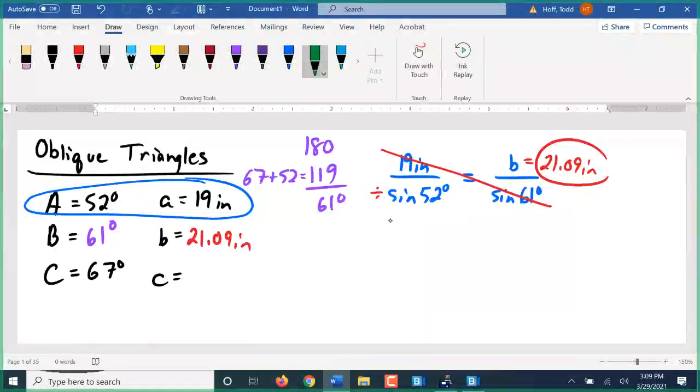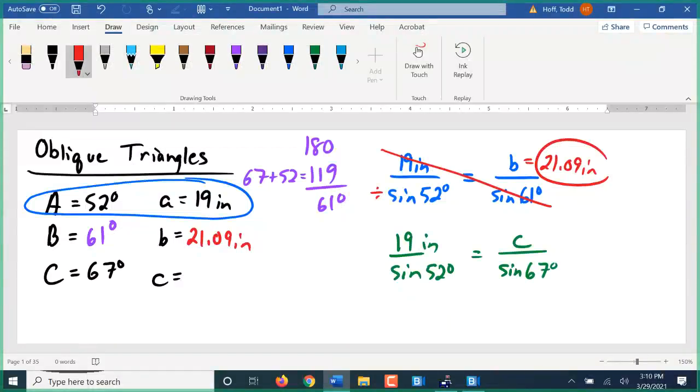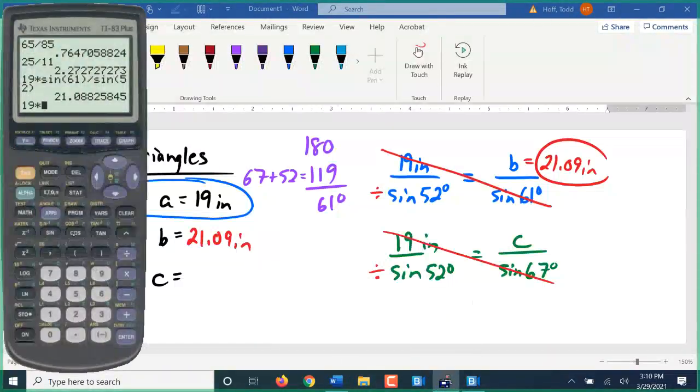Find side C. Where do we start? Yep, we'll stick with the 19 inches over the sine of 52 degrees. For side C goes on top, what goes below it? To find C, we're going to cross multiply and divide. 19 times sine of 67.